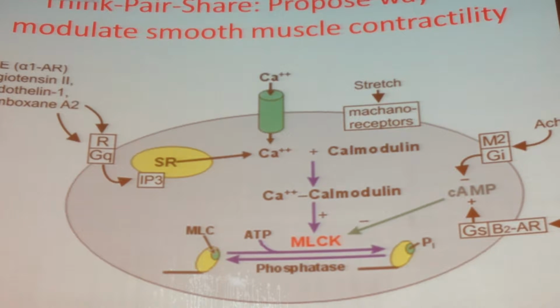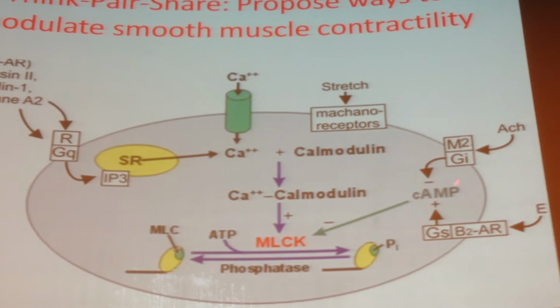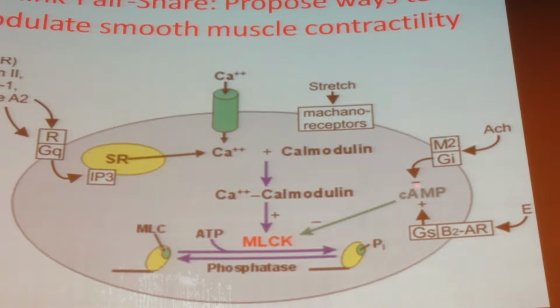Some of you answered cyclic AMP, increased cyclic AMP. Take a look at the cyclic AMP here. It's very interesting. It's actually having an inhibition effect on myosin light-chain kinase. So that is the reason when you have acetylcholine, which is a parasympathetic neurotransmitter at the organ level, activating Gi and causing the cyclic AMP level to drop, that will have an excitatory effect on the smooth muscle contraction.